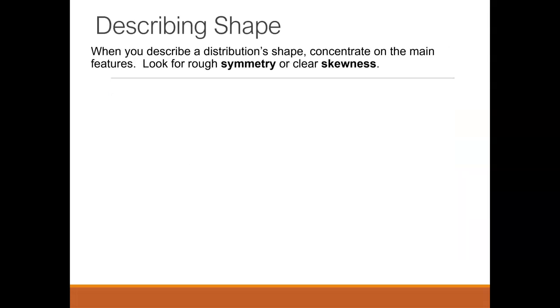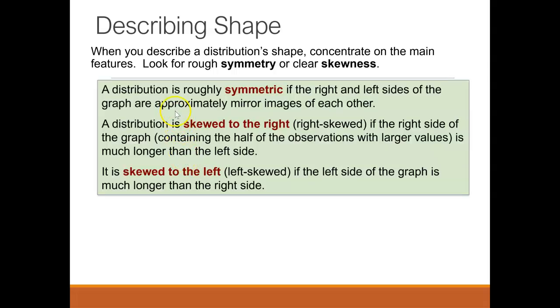So let's talk about shape. When we talk about the shape of a distribution, we're talking about symmetry or skewness. A distribution is symmetric if the left and right sides are approximately mirror images of each other. A distribution is skewed to the right if the right side of the graph is much longer than the left side, and skewed to the left if the left side is longer than the right side.